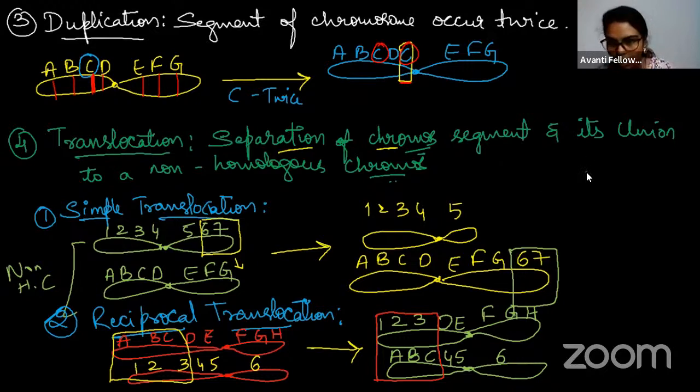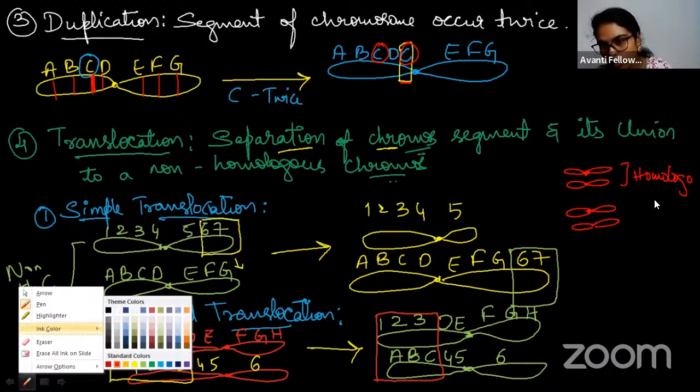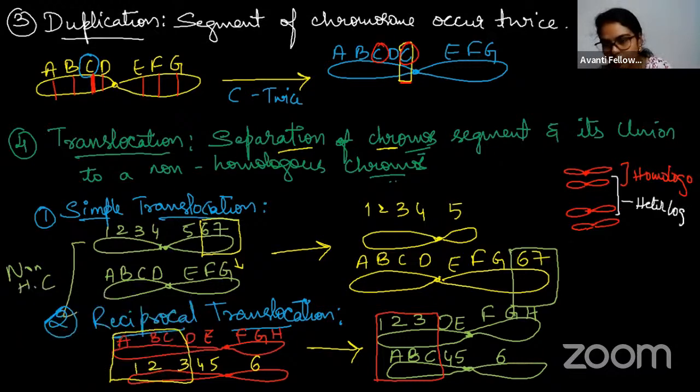ठीक है, अभी देखो बेटा. If I consider this is one chromosome and this is another chromosome, these are homologous, ये हो जाता है homologous, that means they are identical. If I write another chromosome here and take these two as an example, then it becomes non-homologous.